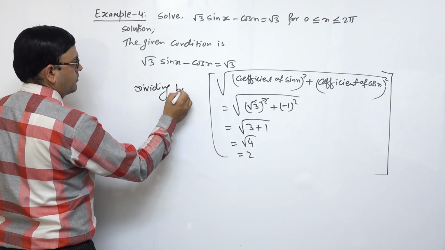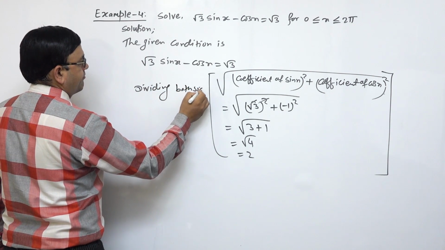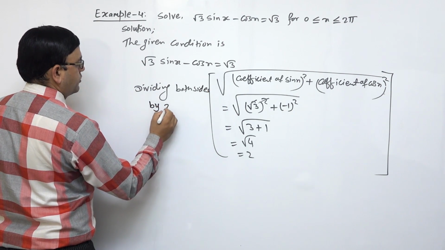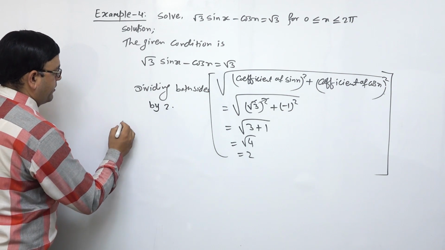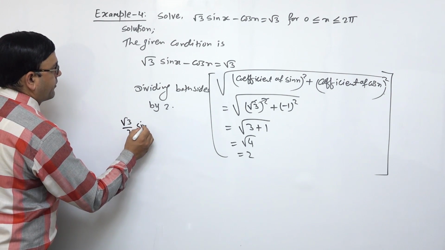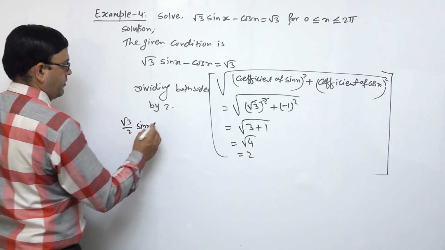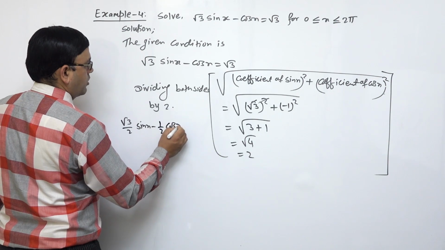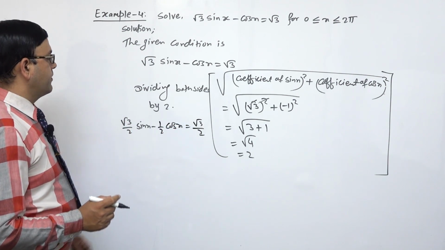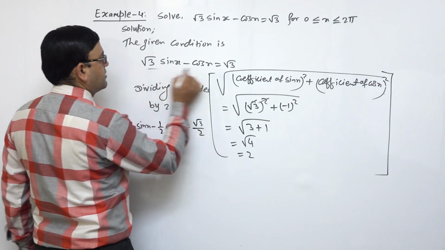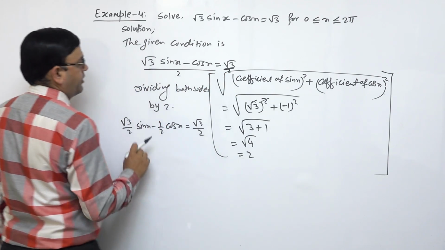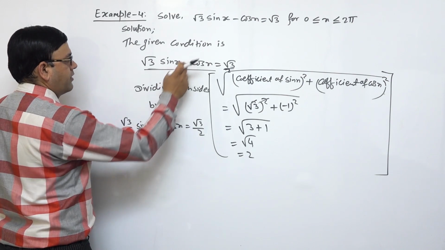Dividing both sides by 2, we get root 3 by 2 sin x minus 1 by 2 cos x is equal to root 3 by 2. Students, we divide both sides by 2, and then separate root 3 by 2 and 1 by 2.